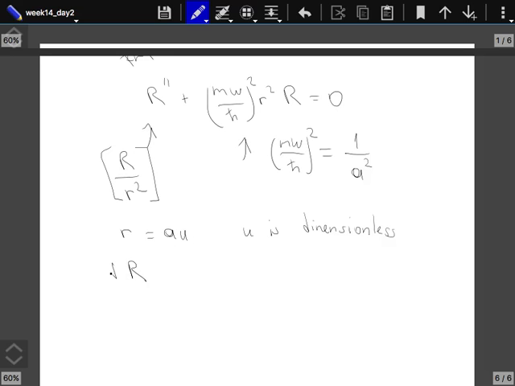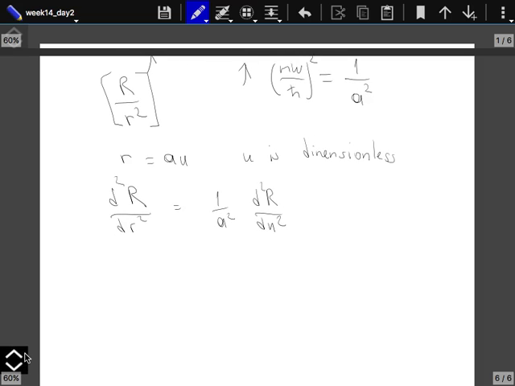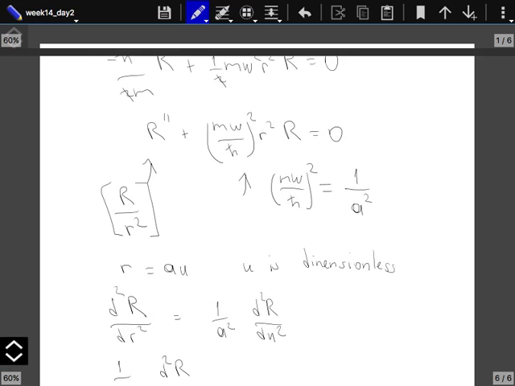Now R double prime, or d squared R by dr squared, is 1 over a squared d squared R by du squared. So our equation becomes 1 over a squared d squared R by du squared. Sorry, this is a to the 4. You see, I already have this r squared over here.